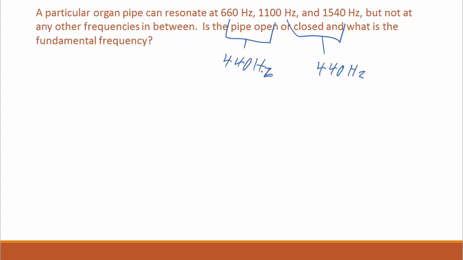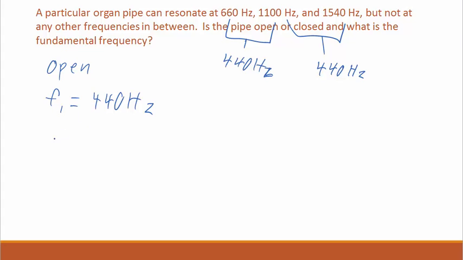So now I got to figure out, well, is this an open or a closed pipe? What do I know about those things? If it's open, then I know that the separation between each overtone is equal to the fundamental. So if it's open, then my fundamental frequency is 440 hertz.